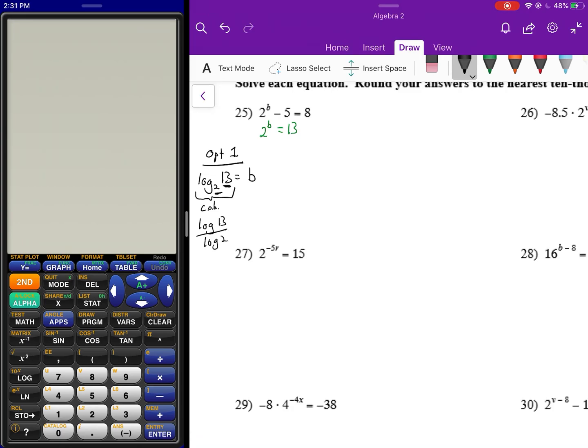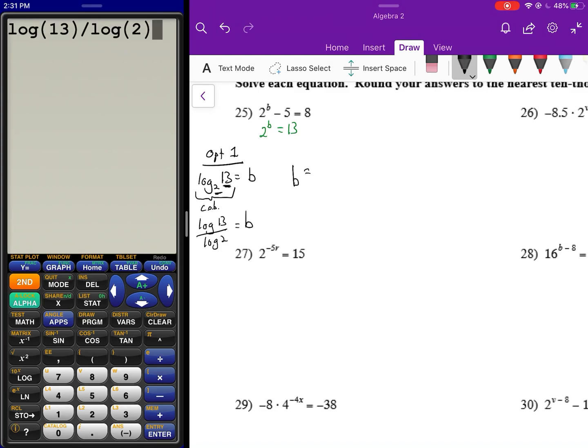So 13 and 2 came from here, and we chose to use log base 10, although we don't write that in because it's understood, equals b. And now we can type that in our calculators. So we want the log of 13 divided by the log of 2.